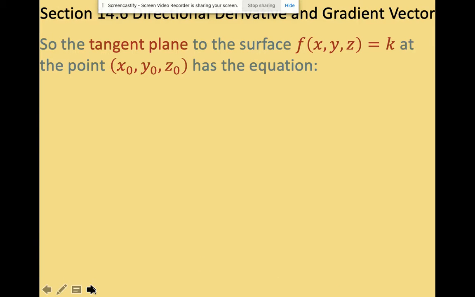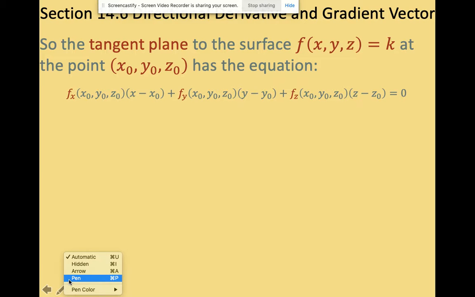The tangent plane then has this equation, a new way to think about writing the equation of a tangent plane. If the gradient vector is always perpendicular to the tangent vector, but the tangent vector lies in the tangent plane, I now have a way of thinking about writing the equation of the tangent plane with partial derivatives.